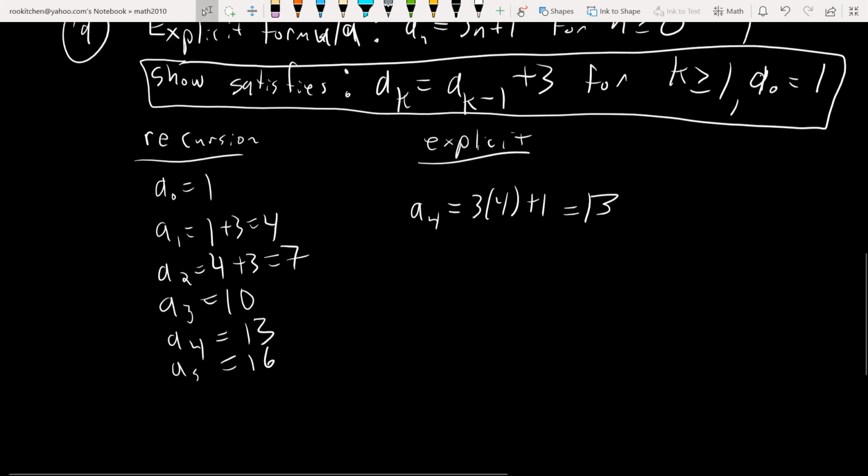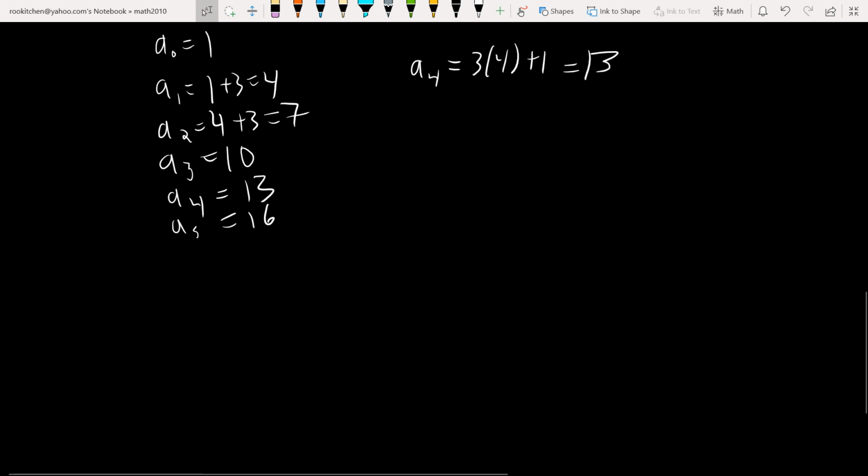Okay, so I want to show that the explicit formula satisfies the recursion formula. It's like saying it's a solution to the recursion formula. What I'm going to do is start on the right hand side of the recurrence relation and substitute in the explicit formula.